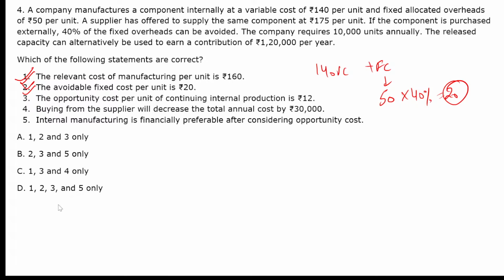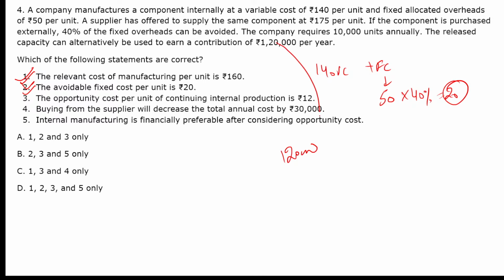Because if I do not produce it internally, I would buy it. And this machine that is now idle will be used for getting a contribution of 1,20,000 rupees. And the capacity is how much? 10,000. So the opportunity cost will be how much?